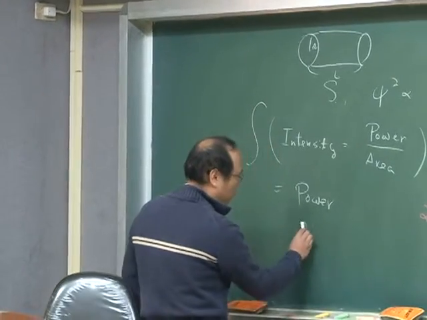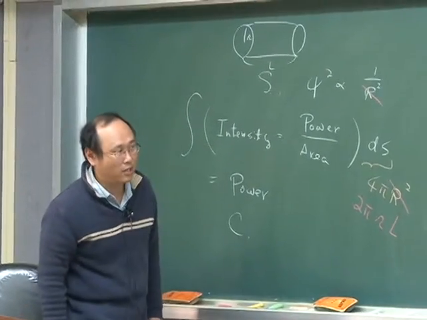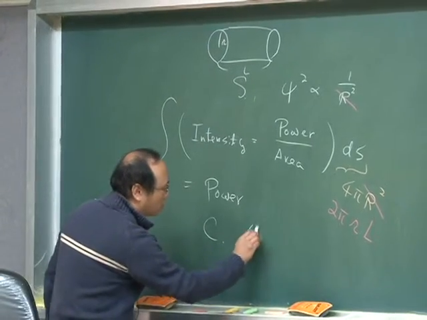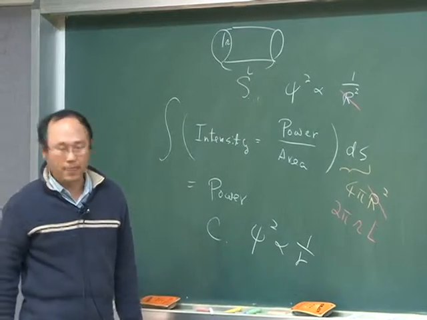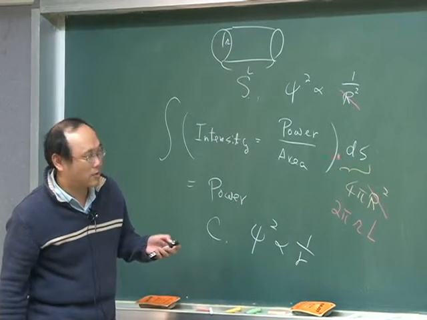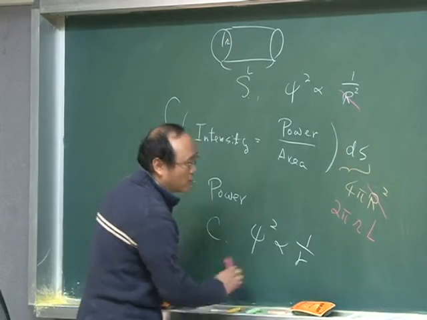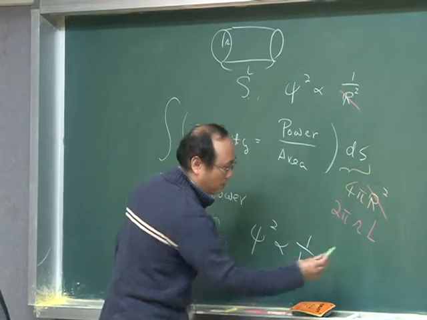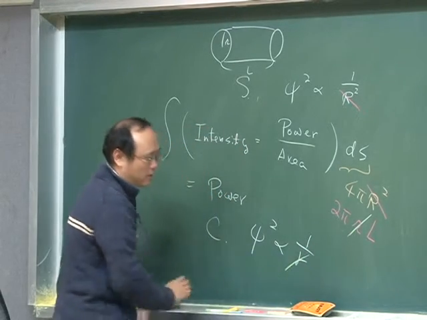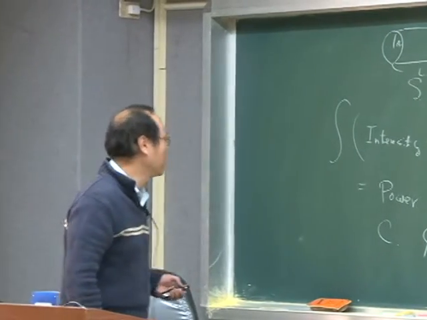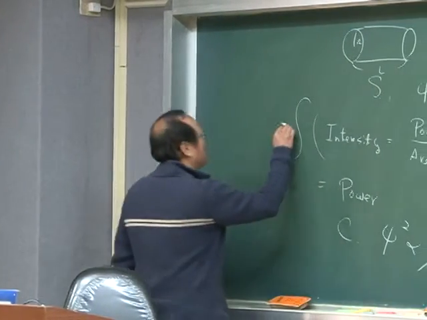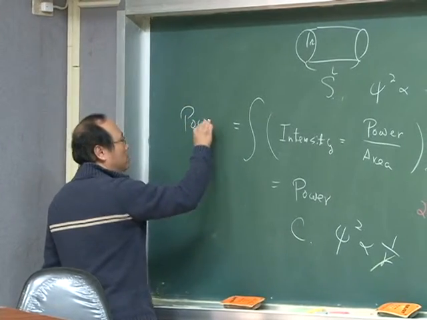If this is a cylindrical wave and you take the square of it, this is proportional to 1 over r. Once you do this surface integration, you cancel this r with this r. Therefore, the total power is conserved. This is your total power.